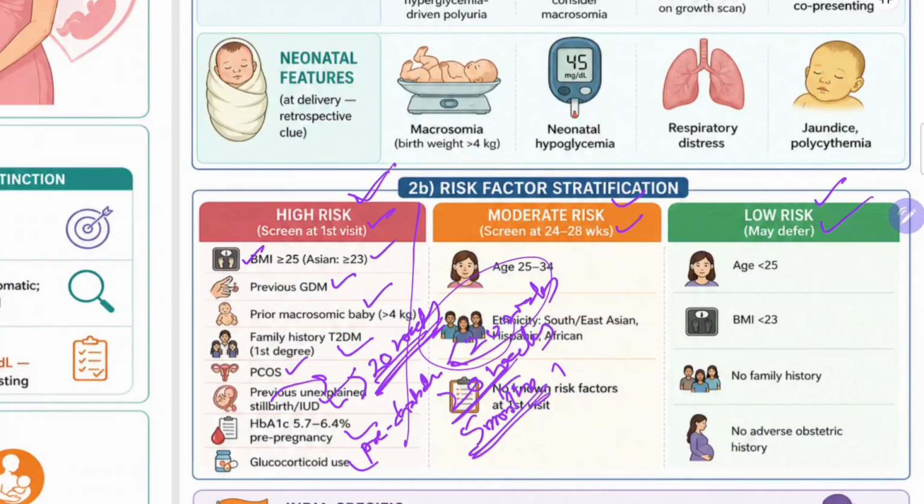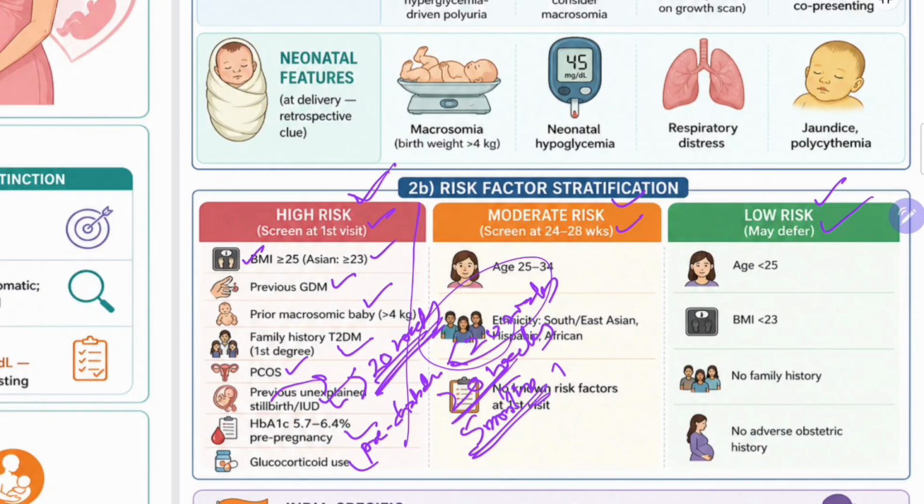So an obese lady or an Asian lady or who has a previous high weight baby or macrosomic baby, previous history of GDM, history of polycystic ovarian syndrome, and history of intrauterine death without any cause, history of stillbirth, history of glucocorticoid use, history of a first degree relative with type 2 diabetes mellitus. All these are high risk factors.